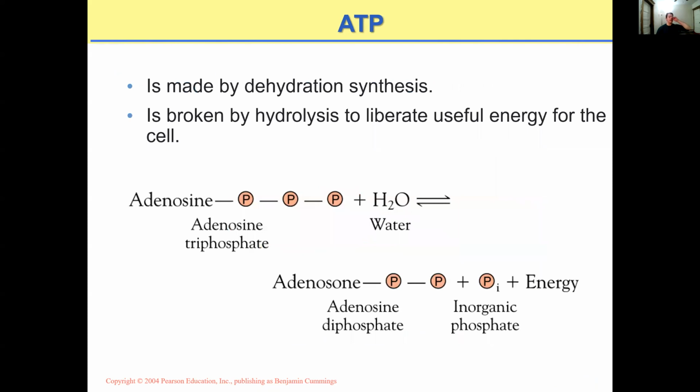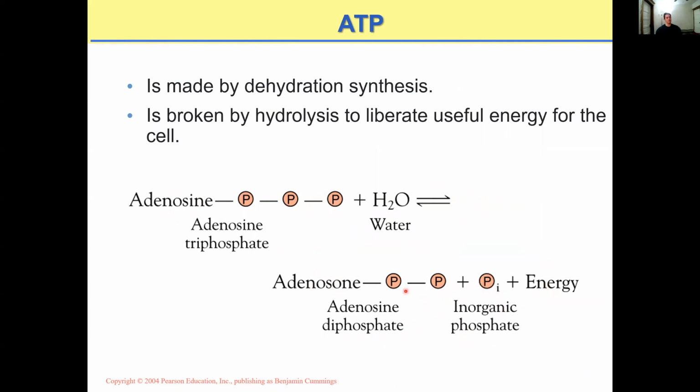So ATP is made through dehydration synthesis, and it is broken by hydrolysis to liberate the useful energy for the cell. So here you can see the adenosine triphosphate and water that is then converted into adenosine diphosphate, an inorganic phosphate, and energy separately.